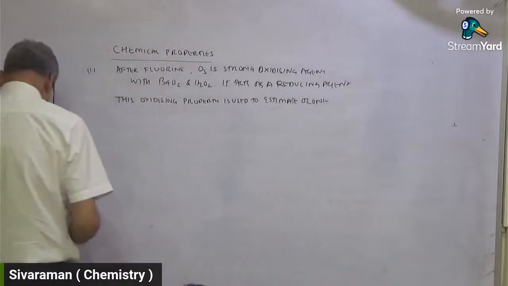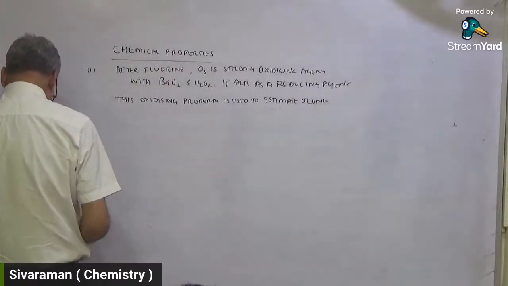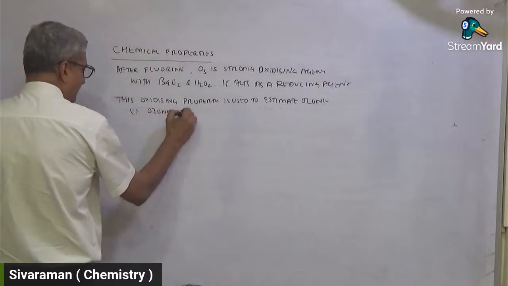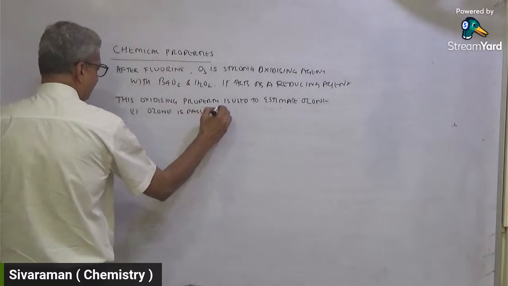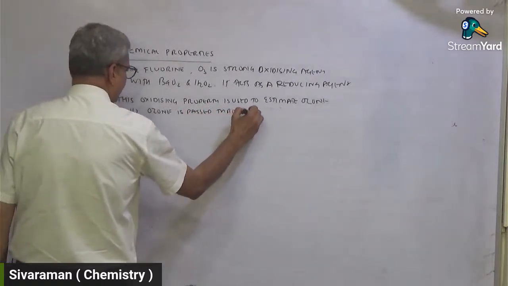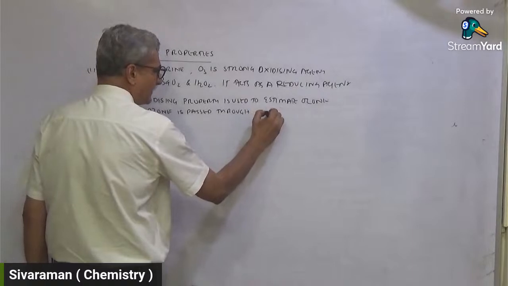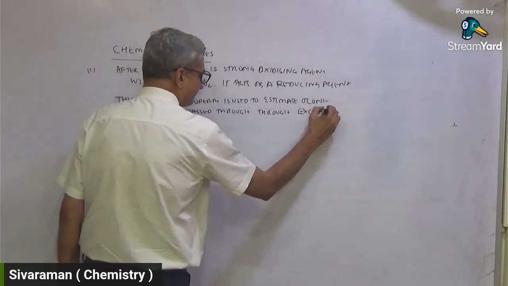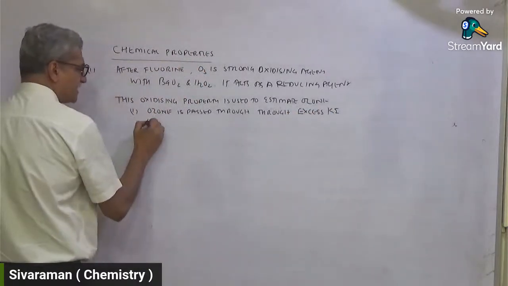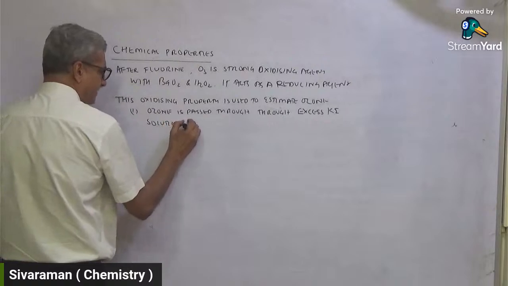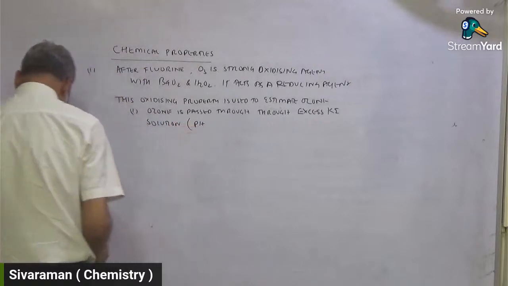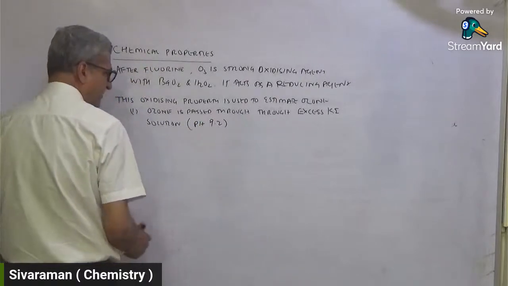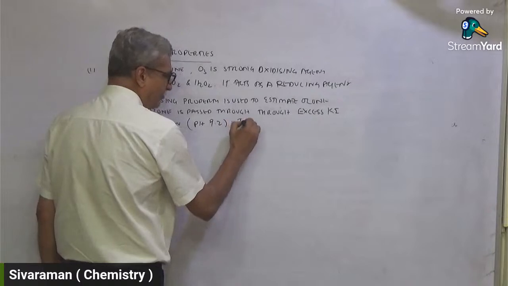Ozone is passed through excess KI solution. Step 1, ozone is passed through excess KI solution, in a borate buffer of pH 9.2. Iodine is liberated.